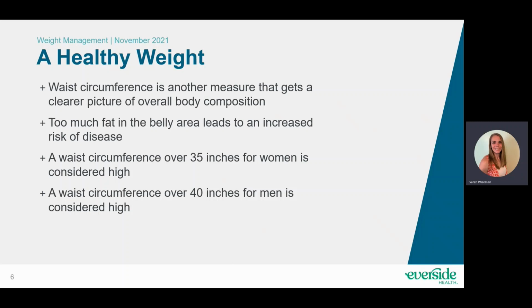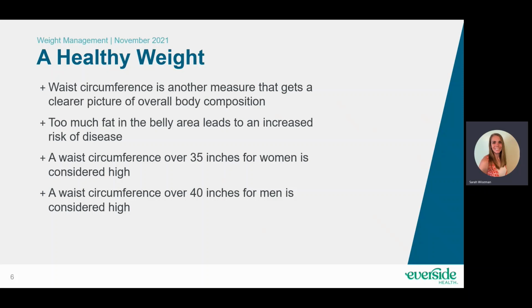Waist circumference is another measure that gives us a better picture of overall body composition. So if we have two people with equal weights, we'll pretend like a football player here, who weighs 350 pounds, but he's working out, he's on the D line for the football team, maybe for the Bengals or the Browns.